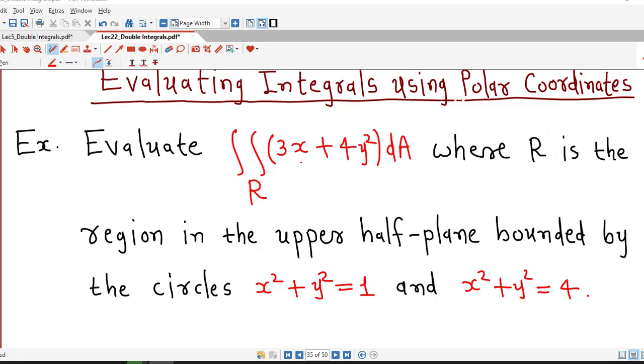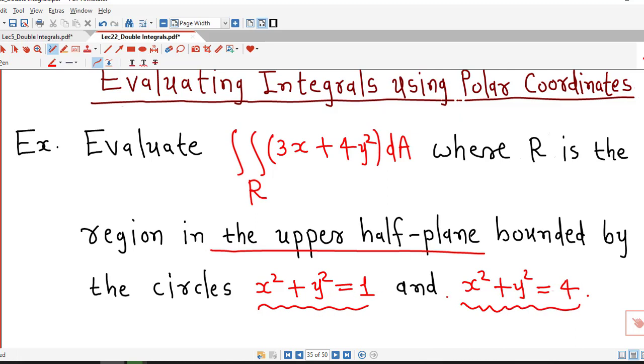Evaluate the double integral of 3x plus 4y square over region R, where R is the region in the upper half plane bounded by the circles x square plus y square equal to 1 and x square plus y square equal to 4.